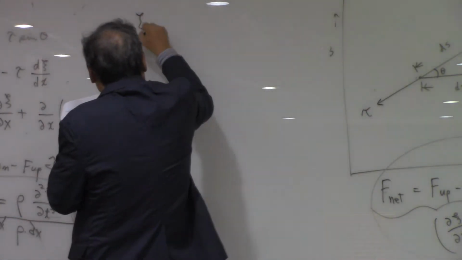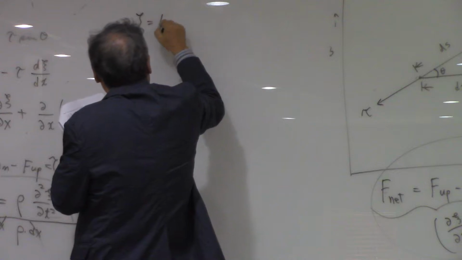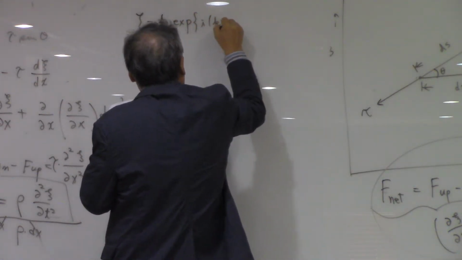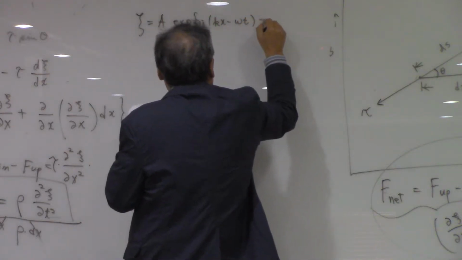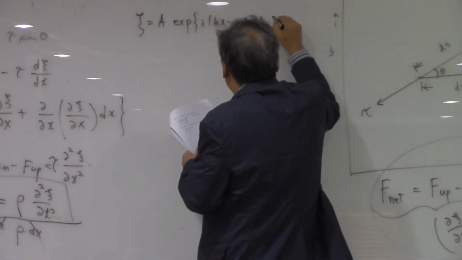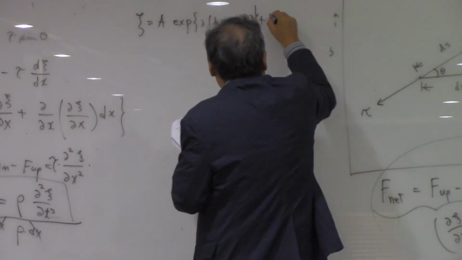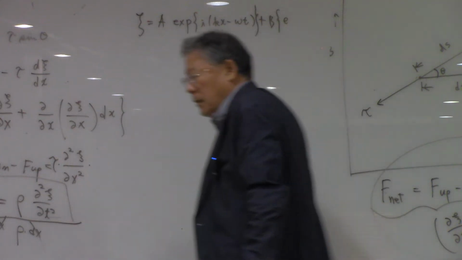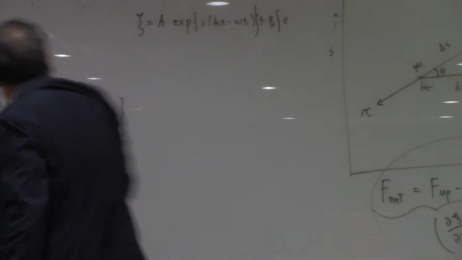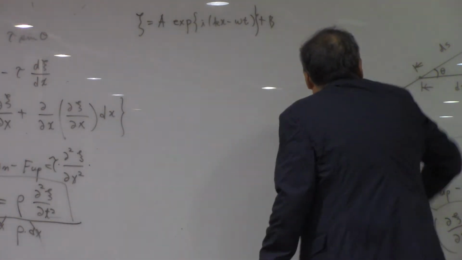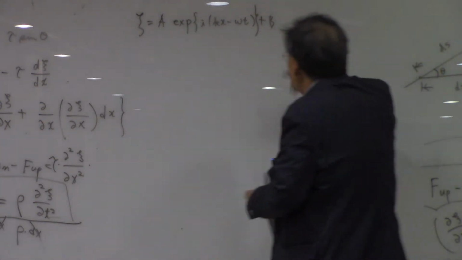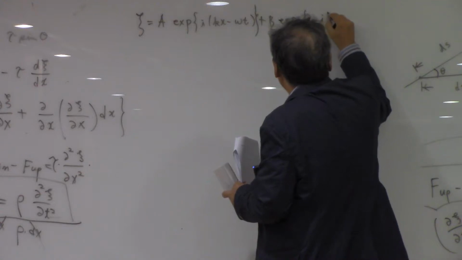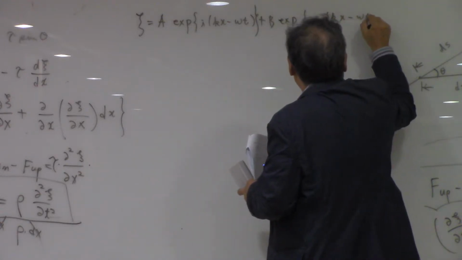Now the general solution is going to be ψ equals A exponential i(kx minus omega t) plus B exponential minus i(kx minus omega t).